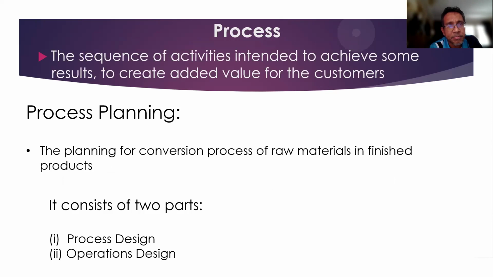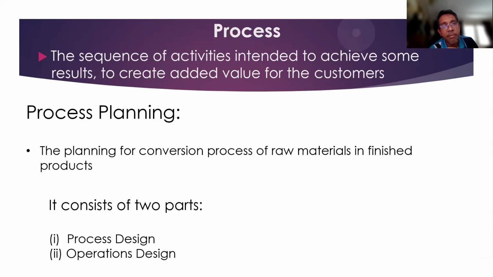And then, raw material is taken as an input to the system, because when we put it into the manufacturing process, we have a sequence of activities intended to achieve some result. We need to add value before we deliver to the customer.